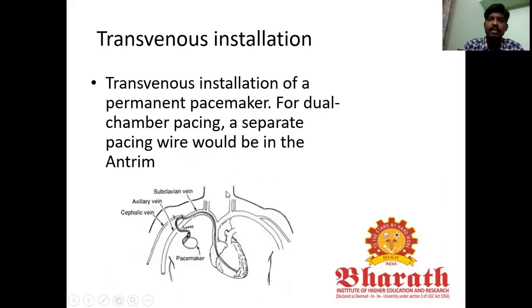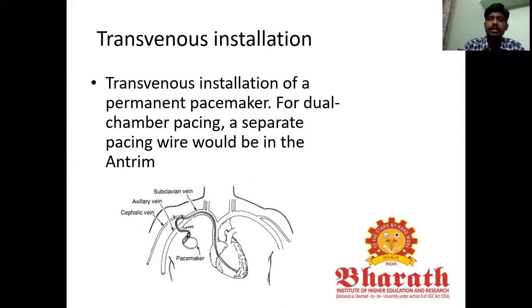The transvenous installation. What is the meaning of transvenous? It is the permanent pacemaker wire you are inserting into the person. The transvenous installation of a permanent pacemaker: for dual chamber pacing, a separate pacing wire would be placed in the atrium.